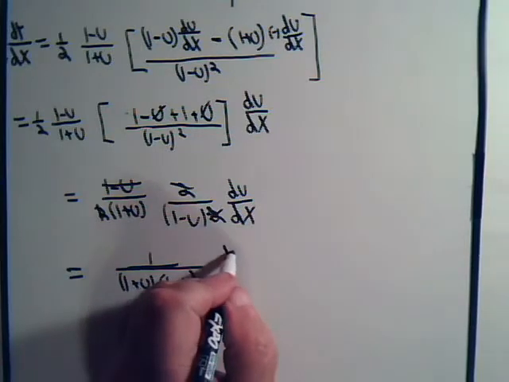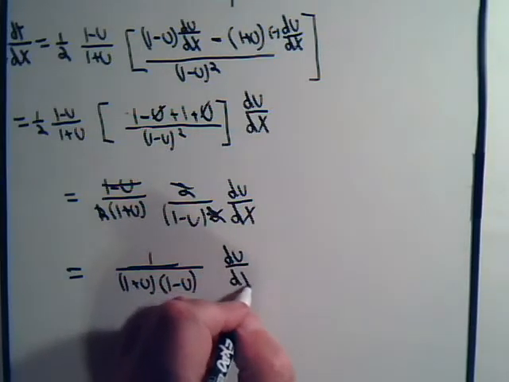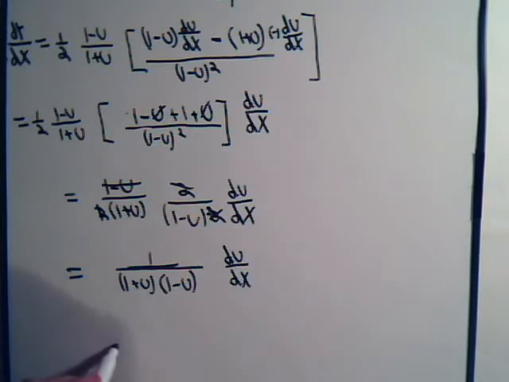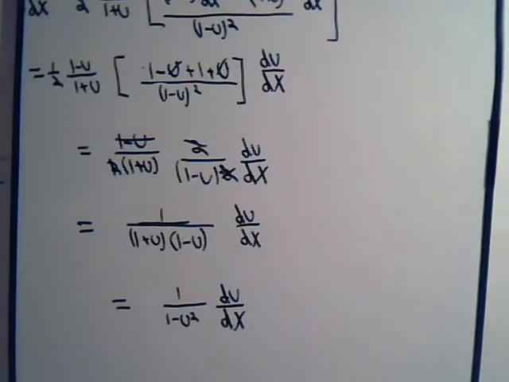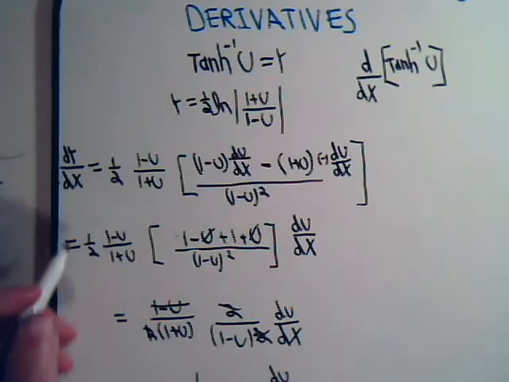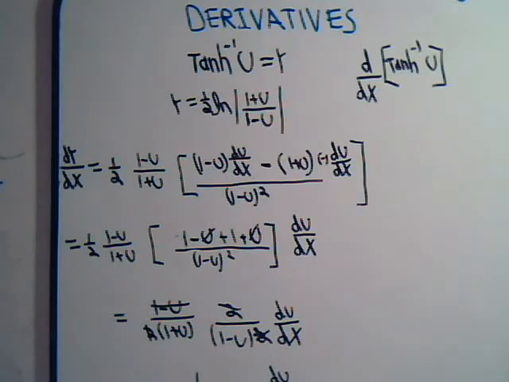Times du/dx, we can multiply these, and we're going to have 1 over, looks like, 1 minus u squared, times du/dx. And that is what dy/dx equals. That's what we were solving for all along here, was dy/dx.